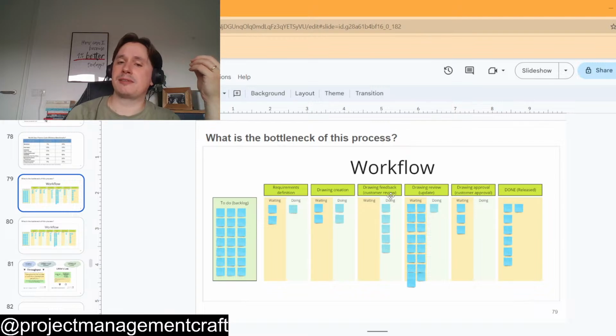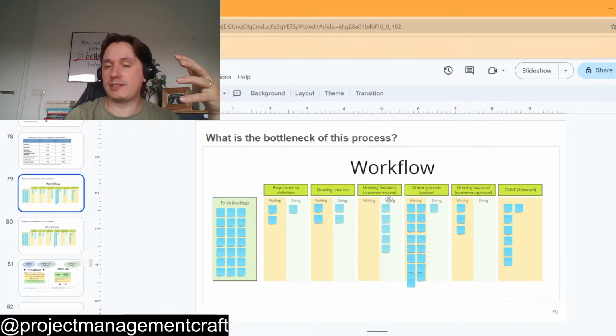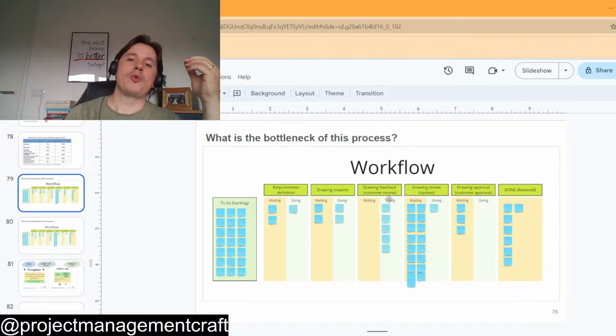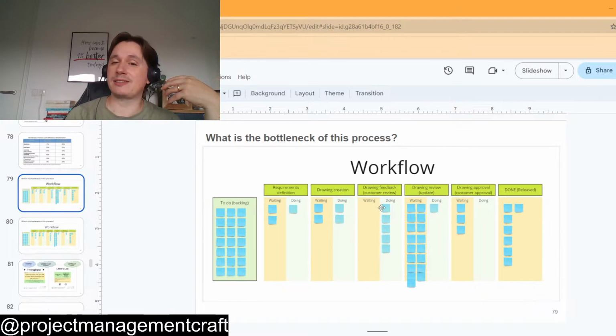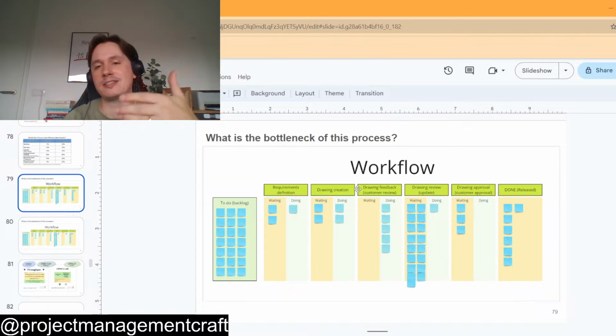You have this step called drawing feedback customer review, but the customer doesn't want to do that for any type of reason, and generally you end up wasting time and you don't get anything as feedback. So there's one extra step where you do some stuff, but the customer does not want it, the customer is not willing to pay for that, and it does not add any value. So that's a step that's considered fully a waste, not only the waiting time here.